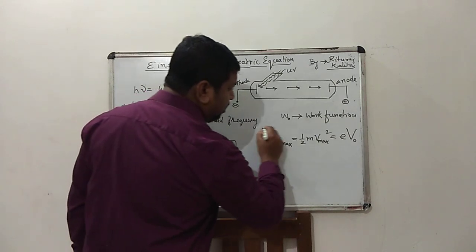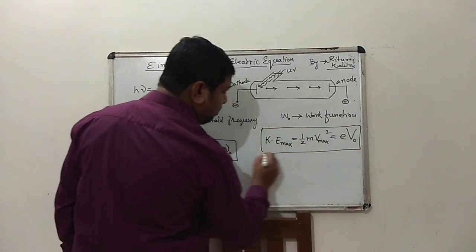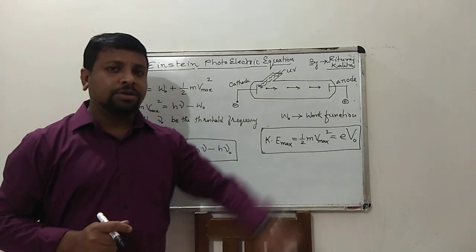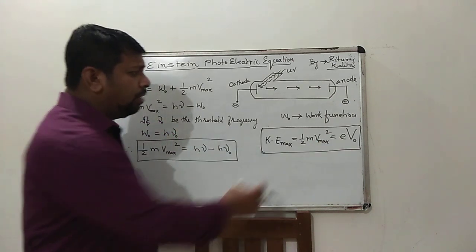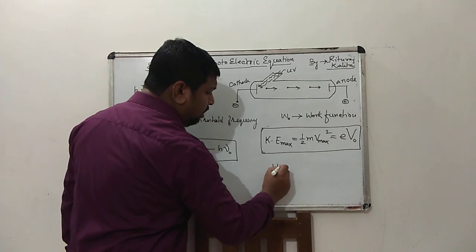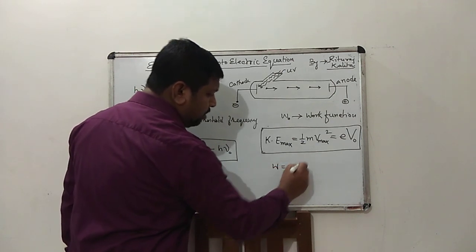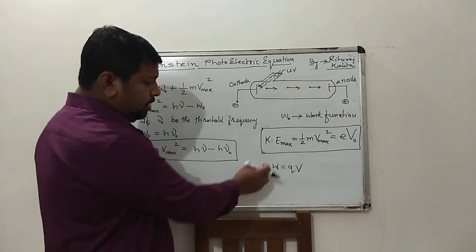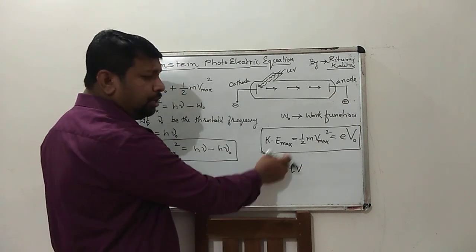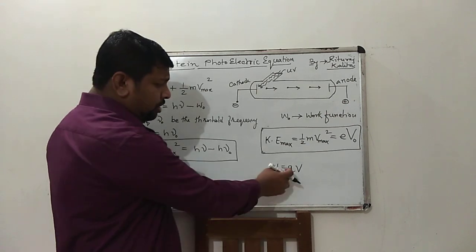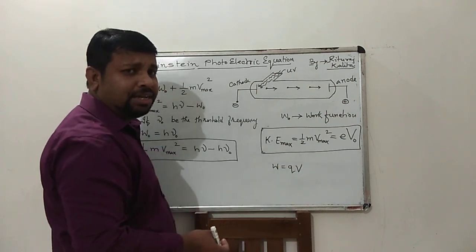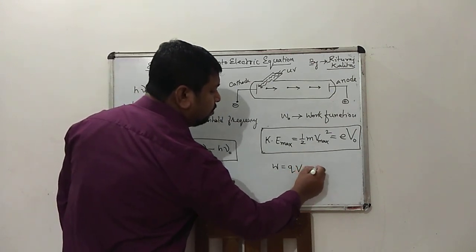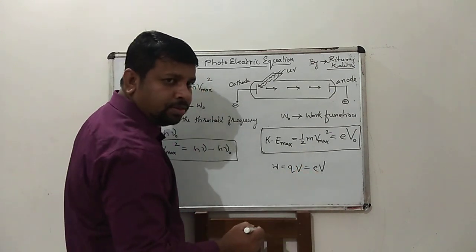If you see, kinetic energy is equal to e V naught. So how do we get e V naught? We know W equal to QV. V means electric potential, W means work done, then W equals Q into V. Q is the charge, here the electron, so we get W equal to eV.